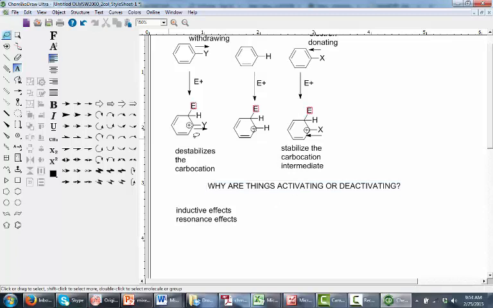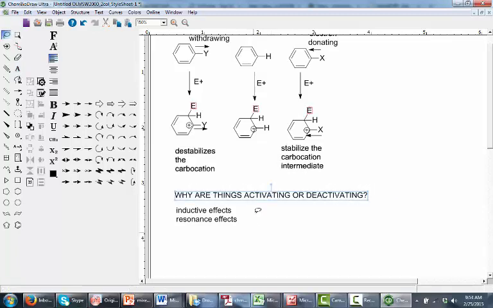We can talk about both inductive effects and resonance effects in this particular case. Inductive effects refers to electron density along a sigma bond. Inductive electron effects along a single bond.